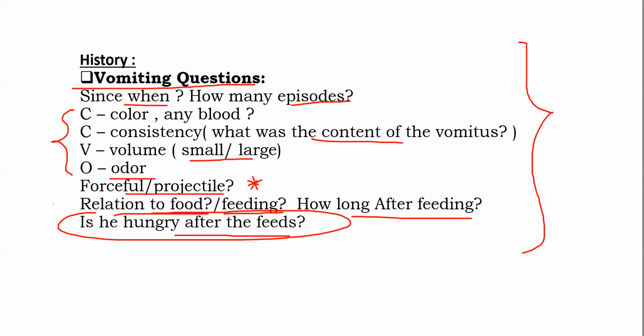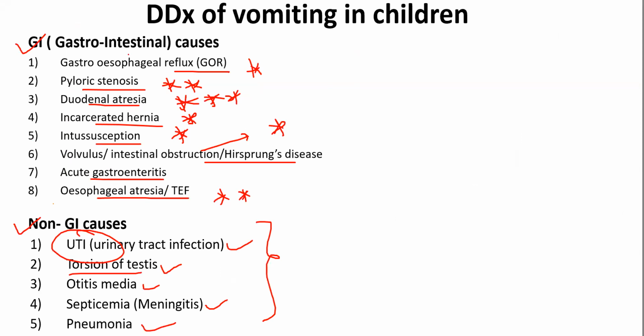And if you come back to the differential diagnosis, you can see that there is not much to be asked from here. Gastroesophageal reflux is not something which will just happen acutely. It will be ongoing for several weeks, and the main finding will be that the child vomits after feeding, and everything else will be fine. Pyloric stenosis, there will be vomiting.